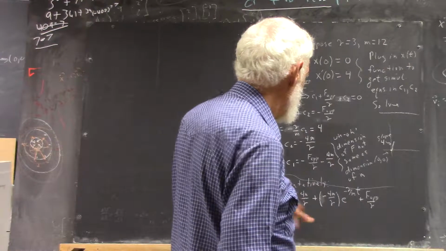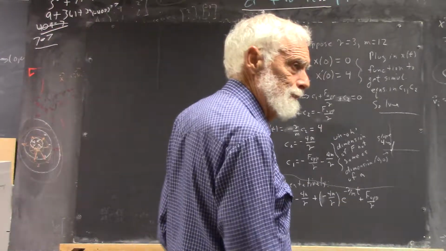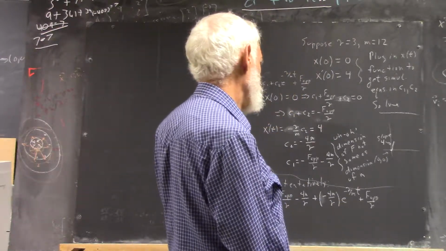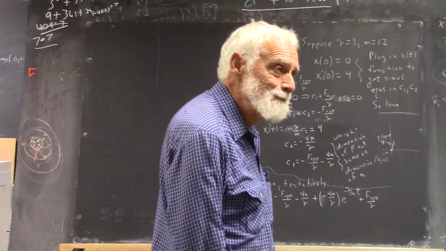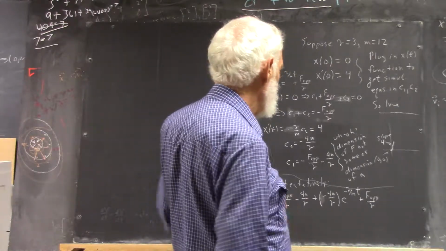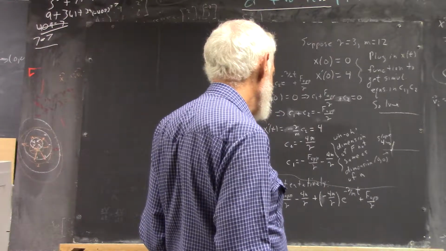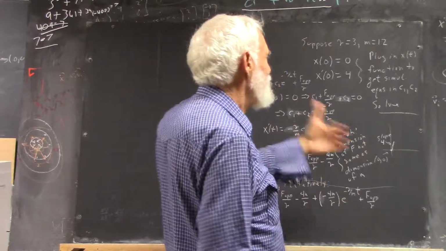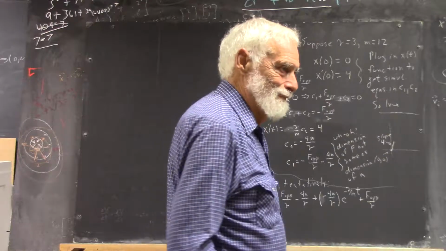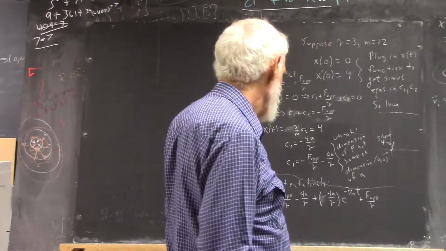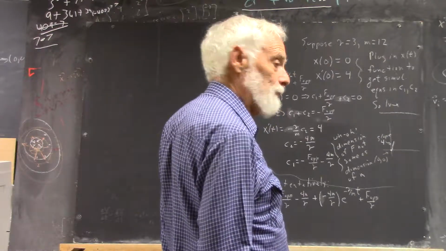And look at this. This and this add up to 0. Yeah, I really hate that because that just can't be. If you don't have an f applied over gamma in your x function, you ain't going to get one when you solve the equation, okay? So there's something real wrong with this.